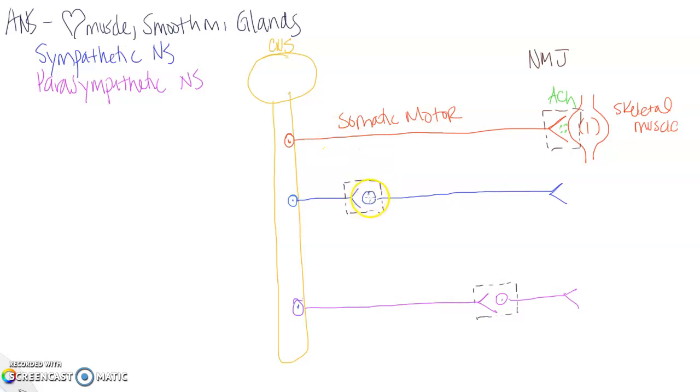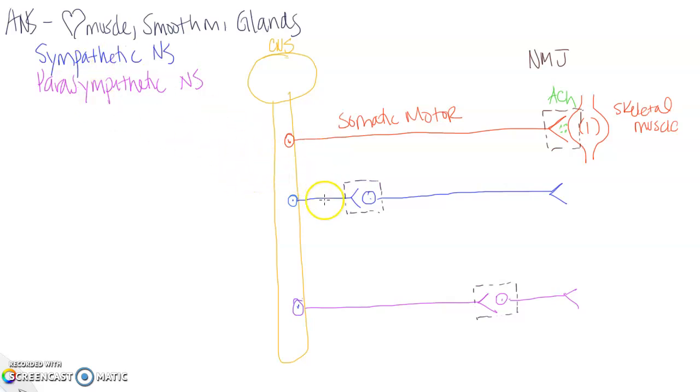So there's going to be more than one neuron there that is synapsing. So this ganglia here is the section, or the ganglia area that connects these two neurons together, right?